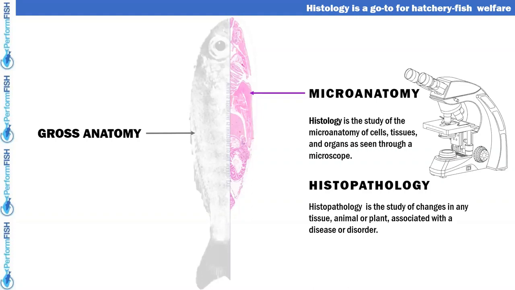And if you want to go into further detail, and so study cellular anatomy or ultrastructural anatomy, the tool is the electron microscope, using, of course, the transmission electron microscope.